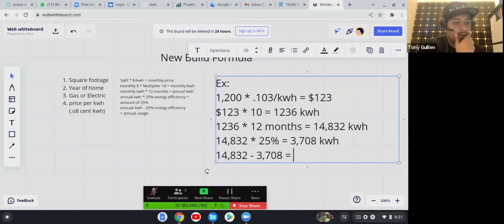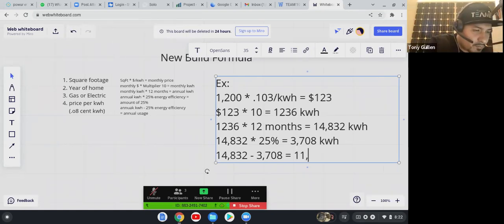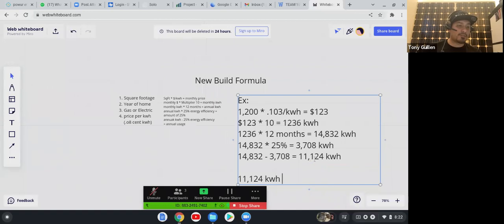What is that? 11,124. So now we get 11,124 kilowatt hours. For the size of the home, it seems about right.